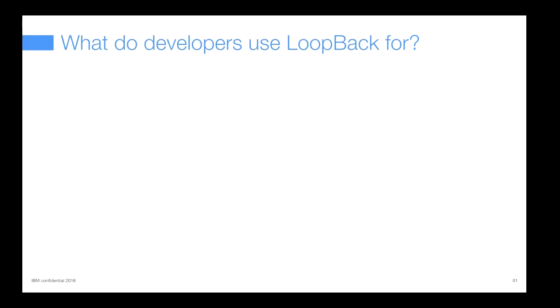So what do developers use LoopBack for? And this should be fairly obvious, APIs. But when people say that, what do they actually mean by that? Here's a very simple, straightforward example. On the left, we have the Uber iOS application, the application installed on your phone.